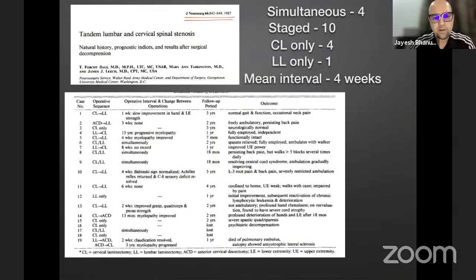There were a total of 11 patients included in this study. 4 underwent simultaneous and 7 patients underwent staged surgery, lumbar after cervical or cervical after lumbar. This was purely based on whichever symptoms were predominant. There was no study done to imply that one surgery had precedence over the other, like whether cervical surgery alone had resolution of lumbar symptoms. So that was not studied in this study.